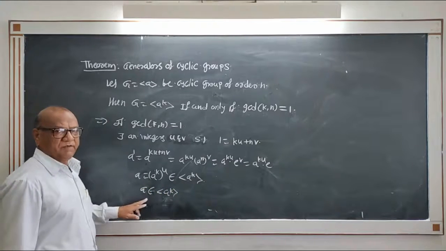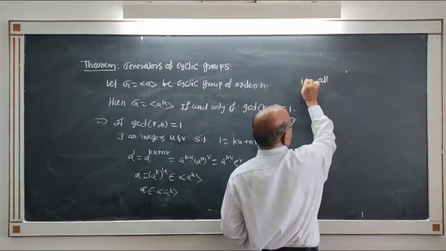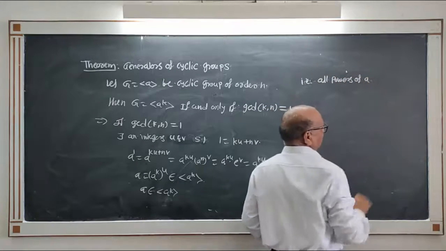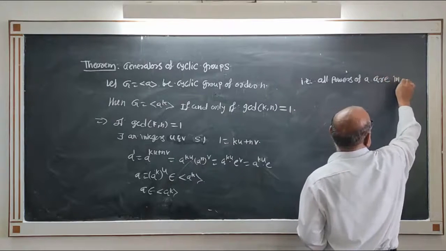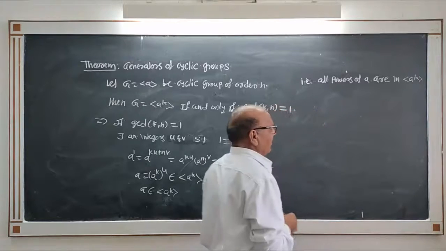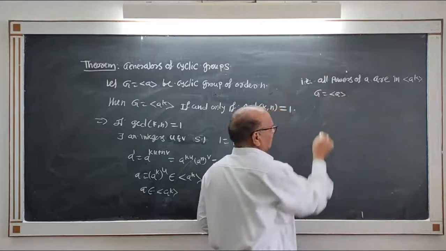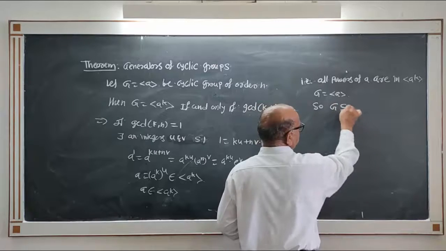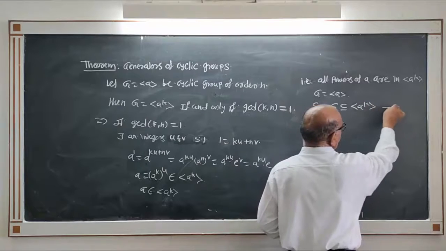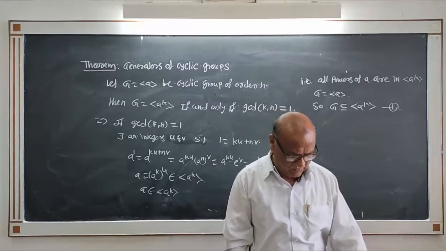That means a belongs to the subgroup generated by a raised to k. That means all powers of a are in a raised to k. G is the subgroup generated this way, and so G is a subset of a raised to k. Number 1.